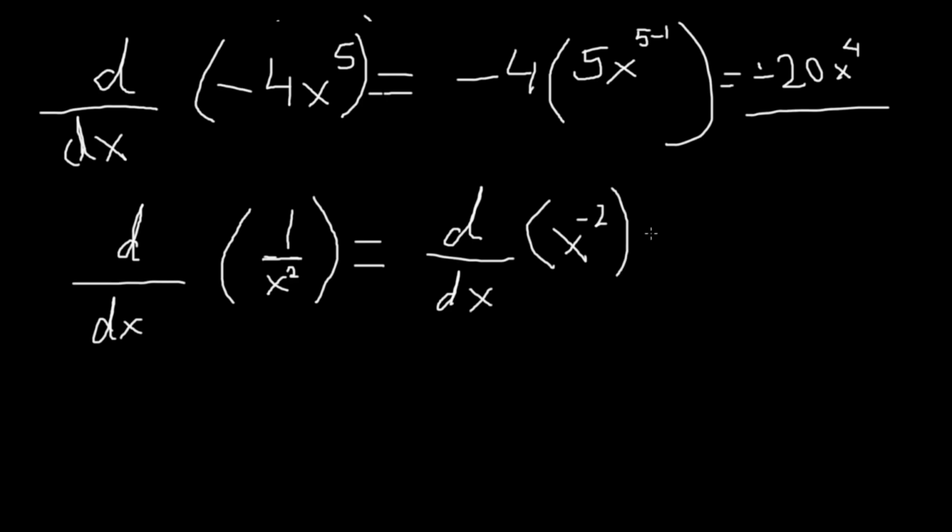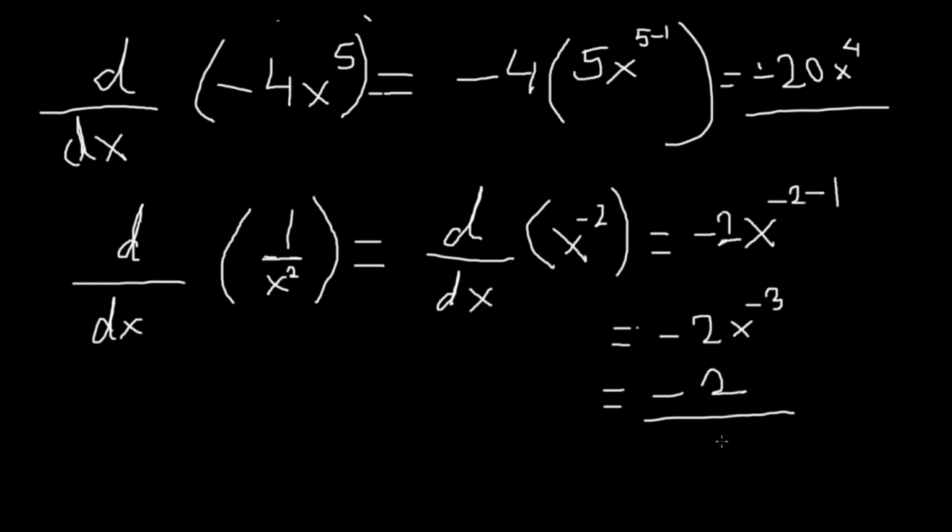Now you can apply the power rule. The negative 2 comes to the front, negative 2x to the power negative 2 minus 1. Negative 2 minus 1 is negative 3, so it's x to the negative 3. This is your answer. You can write it in fractional form too, if you want to. This will be negative 2 over x cubed.